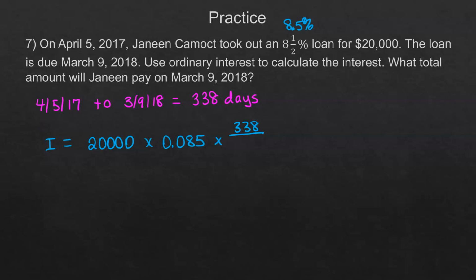And it told us to use ordinary interest right here. That means 360 days for our calculation.